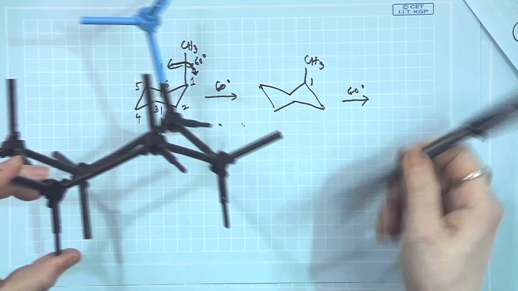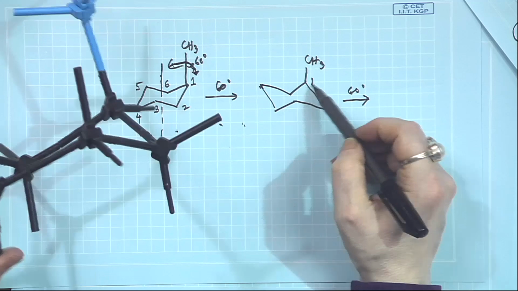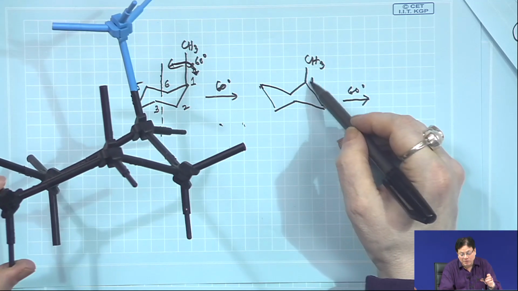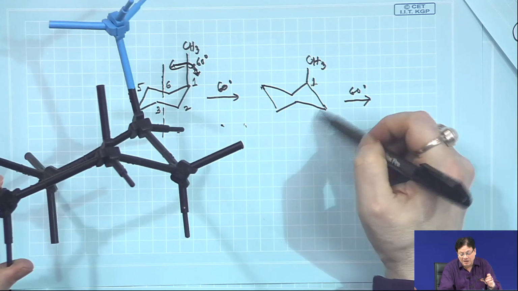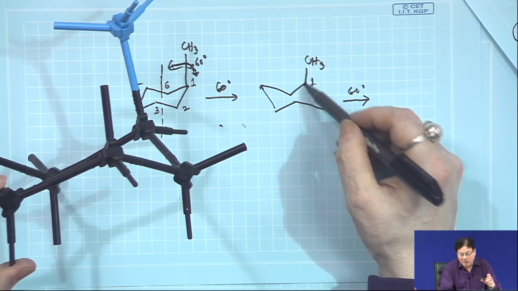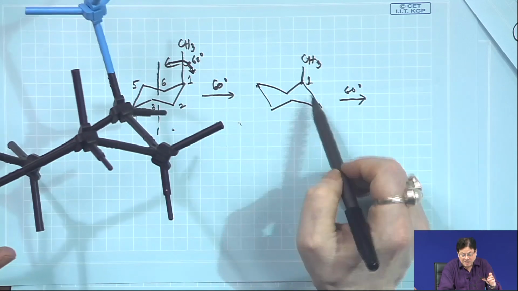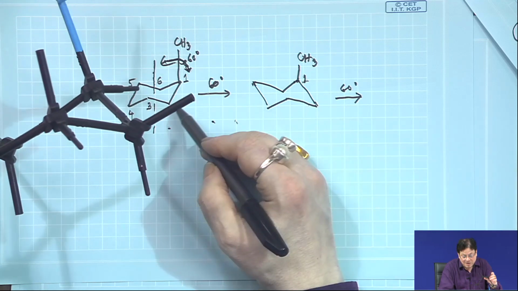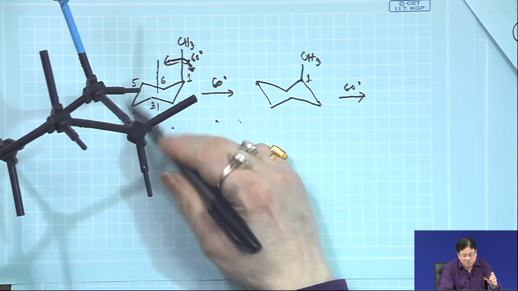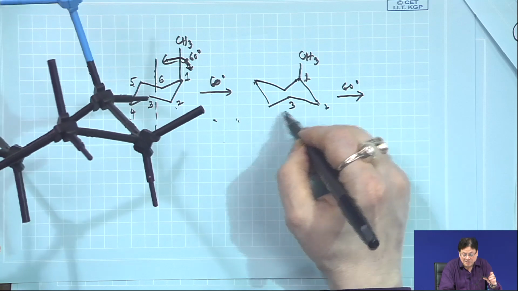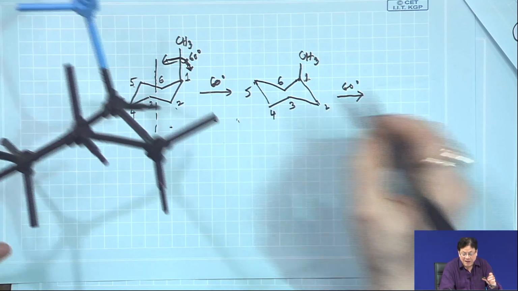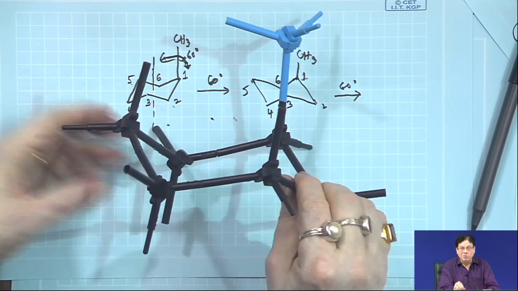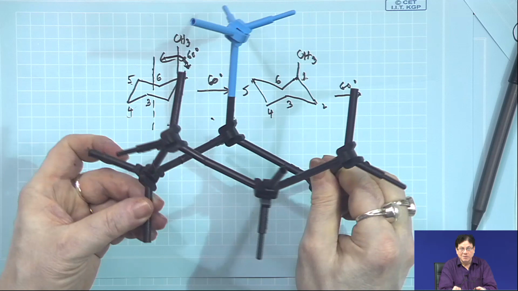Then try to identify at least one center. Here I have put a methyl, so I concentrate on C1. After 60 degrees C1 has come here, and now it is easy to put the other numbers, because the directionality does not change: 1, 2, 3, 4, 5, 6 remain the same.